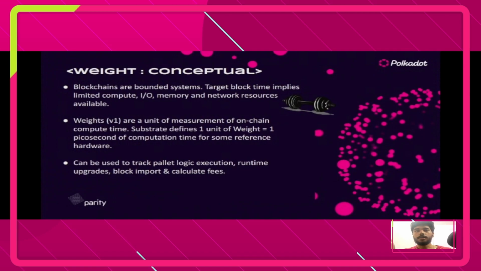Now that's also defined against some reference hardware. You can think about it like this: if I have a supercomputer, my 1 second of weight is different from somebody who's running a Pentium 4. So in that regard, weights are different. It's always about reference to something.